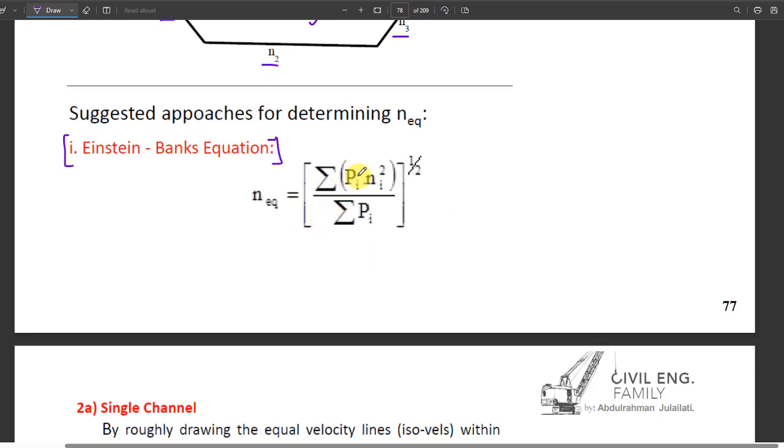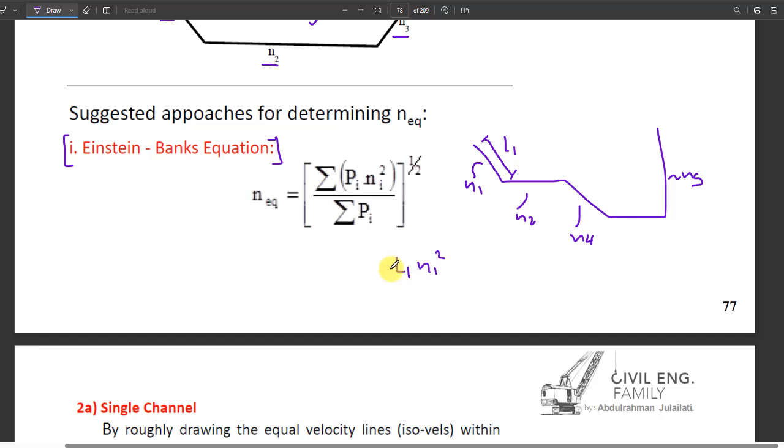What does this mean? If we have a channel like this, with n1, n2, n3, n4, and you want one equivalent n for all of these, it says take the perimeter, which means the length. So I take this length L1, multiplied by N1 squared, L1 N1 squared, or we can call it P1.